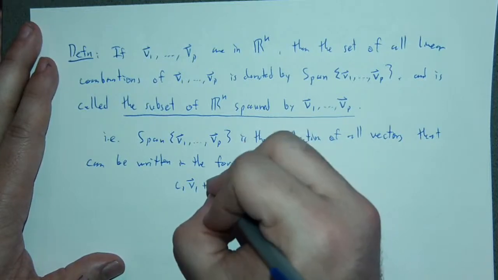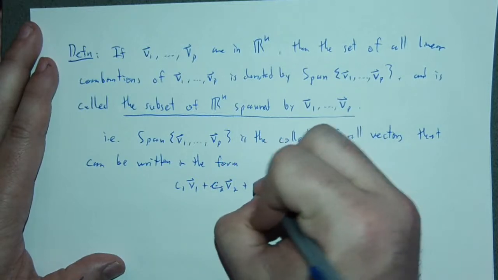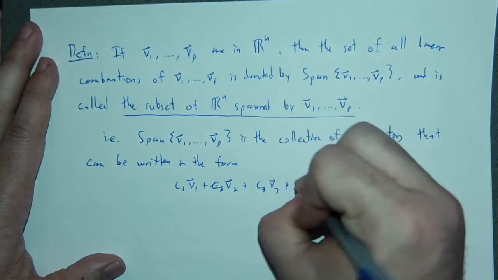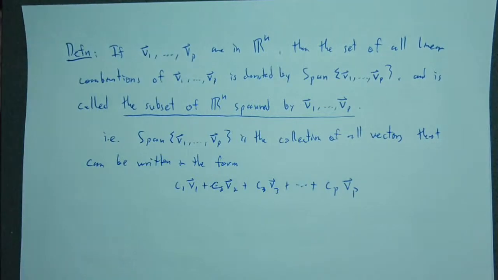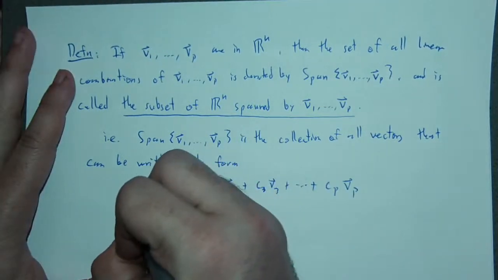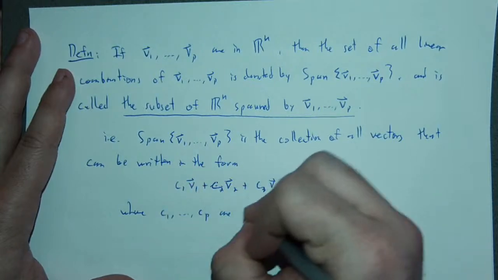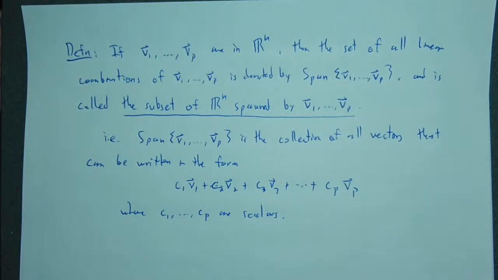I'll go ahead and actually write the next terms out: c2 v2 plus c3 v3 all the way up to cp vp, where c sub 1 through c sub p are scalars.